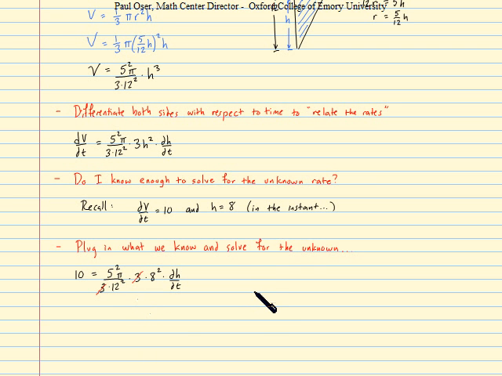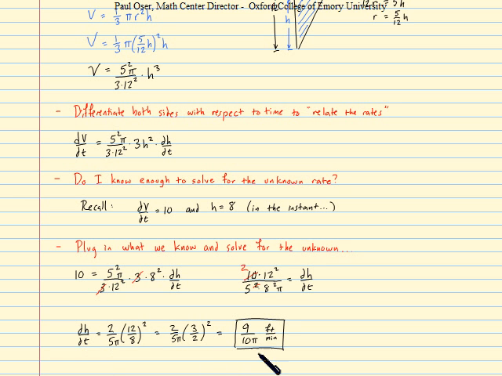All right, so doing the division, we end up with, and then we notice we can cancel a 5. And then proceeding on with the rest of the arithmetic here, we finally get, as the value for dH dt, 9 over 10 pi feet per minute.